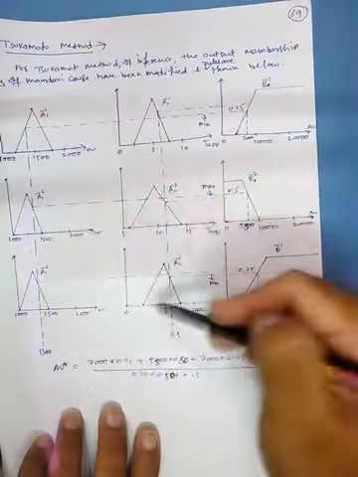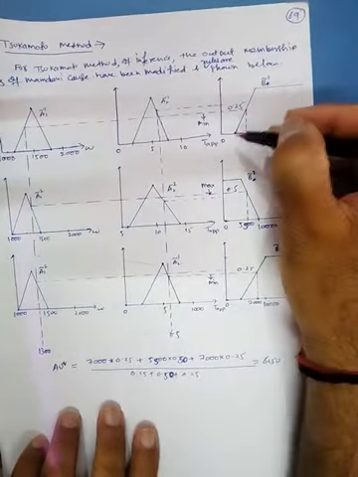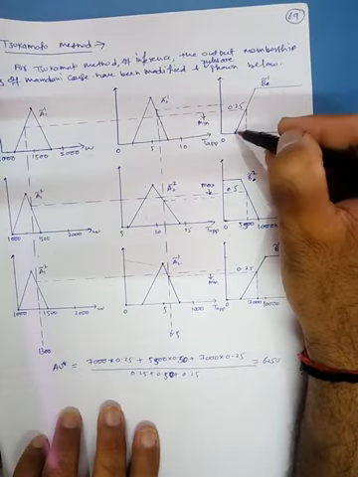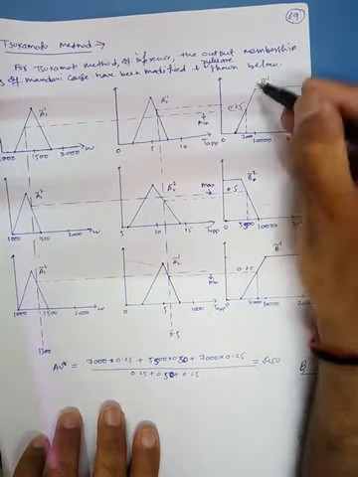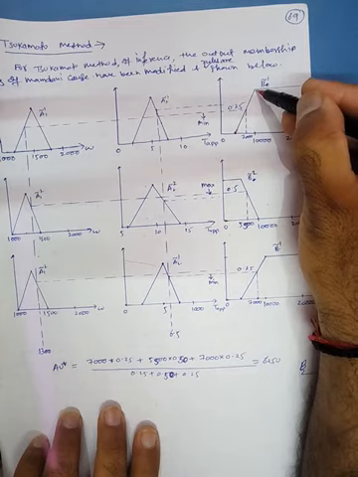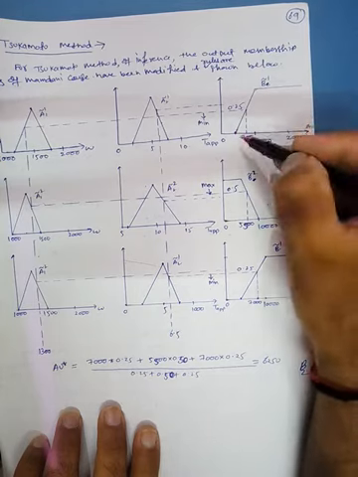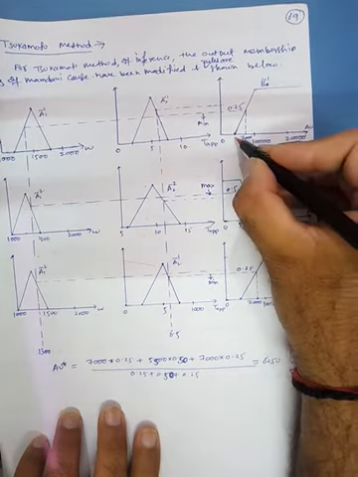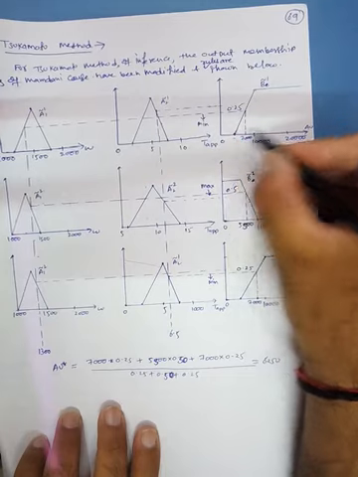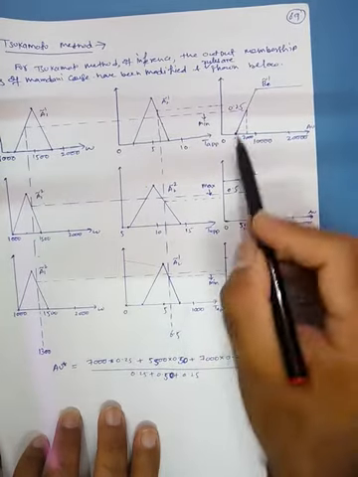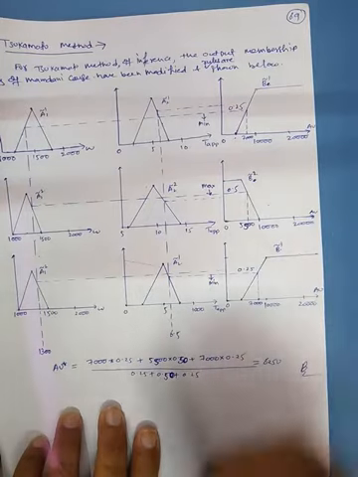This is the output. The input is the same as before. So the output is this. Large is given by this triangle, this membership function. Fine. This is approximately say 5,000. Approximately 5,000. Fine. So 5,000 here.